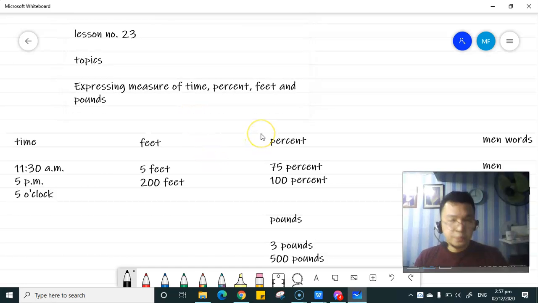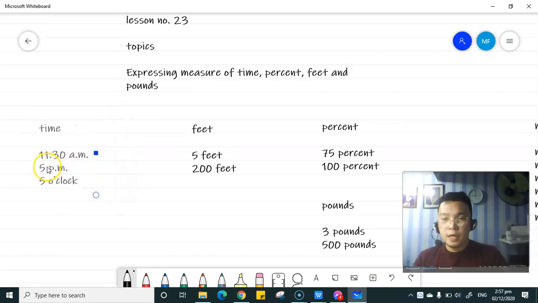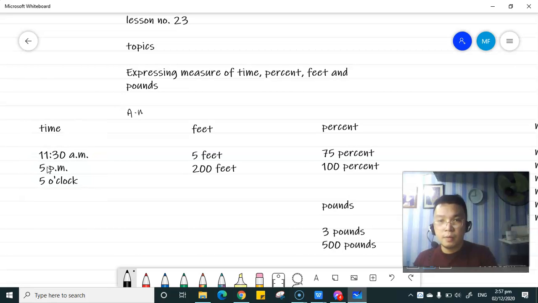Here in 11:30, as you can see, the AM is represented by the A symbol with an intersection of the M symbol, while the PM is represented by the P symbol with an intersection of the M symbol.